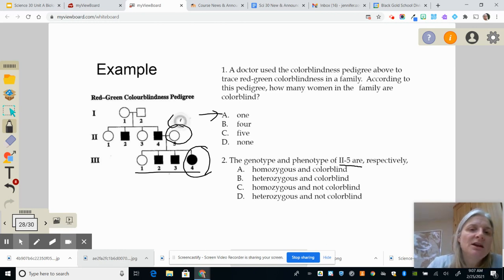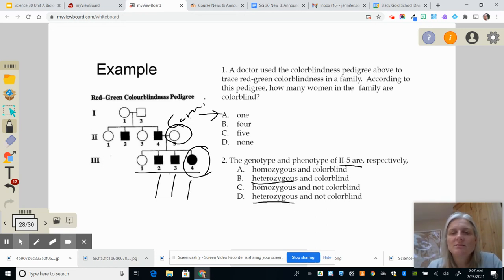She has to be a carrier because these offspring must have both recessive genes for the color blindness, whether it's sex-linked or not sex-linked. If you're a carrier, then you're heterozygous, right? She still has one of the dominant genes that makes her not colorblind. And she's not colorblind. So D is your answer to that.